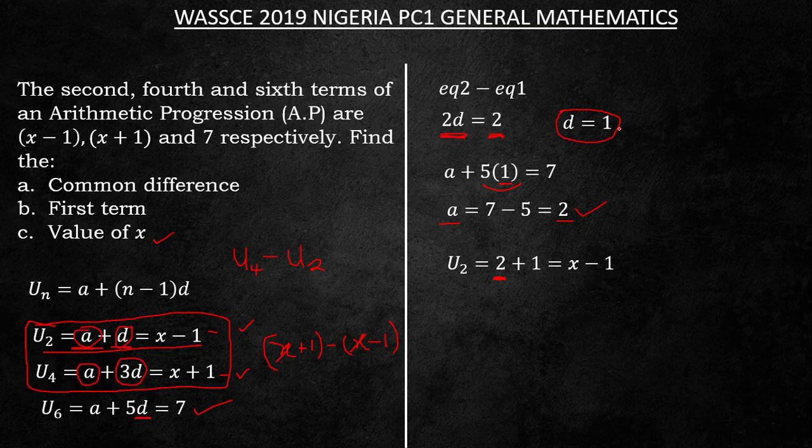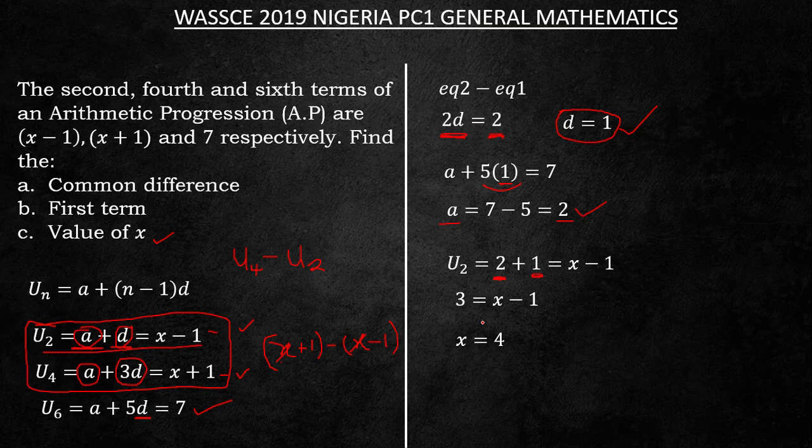So the common difference is 1, which is this. So I put the common difference over there too. Then I equate this to the x minus 1, right? So now I'm going to have 3. So the 2 plus 1 is 3. So 3 is equal to x minus 1. Then I solve for my x. So I'm going to get x is equal to 4.